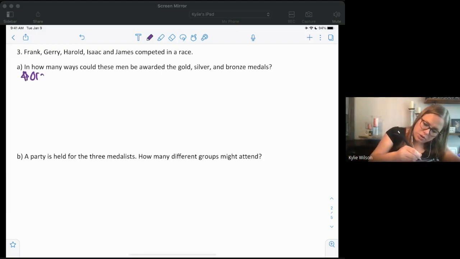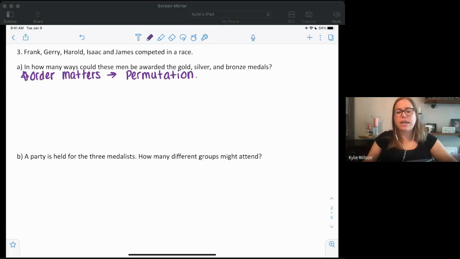So our order matters, which means this is a permutation. Right? Because the order in which they finish the race matters, that's a permutation. So we solve it just like we were doing before this lesson.